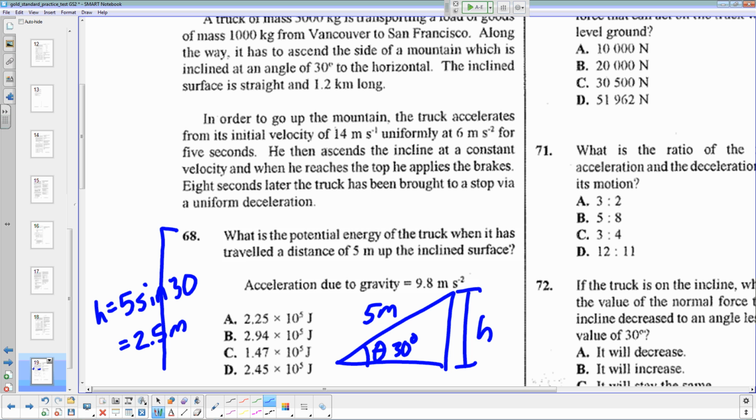And then I want to know the potential energy that it's gained. It's just going to be m times g times h. You have to consider both the mass of the truck and the mass of the goods, because they're both going up, so that's going to be 6,000.